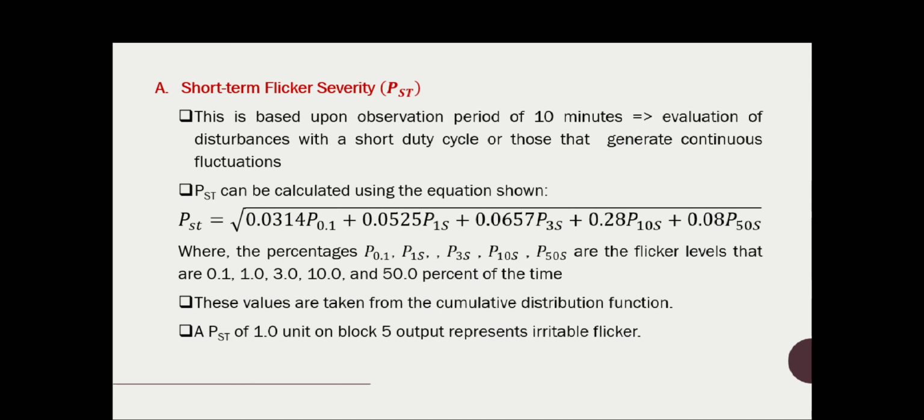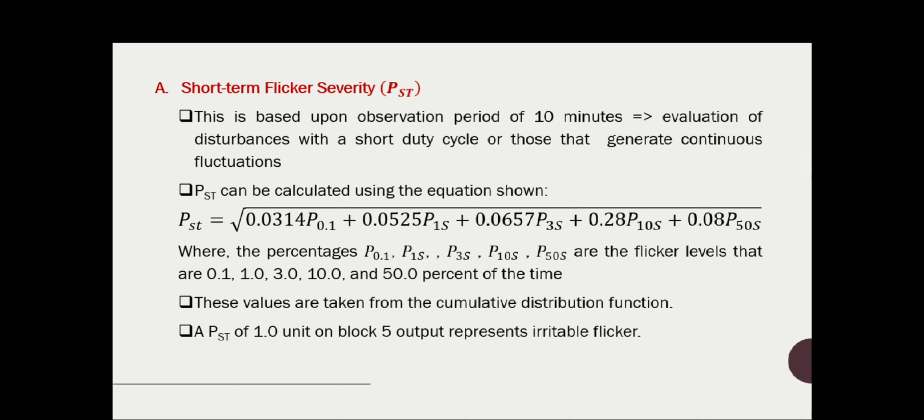Short term evaluation of flicker severity, or PST, is based upon an observation period of 10 minutes. This period is used for assessing disturbances with a short duty cycle or those that produce continuous fluctuations.